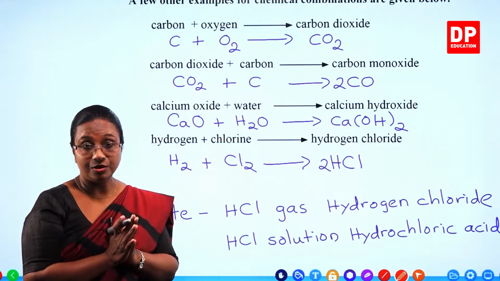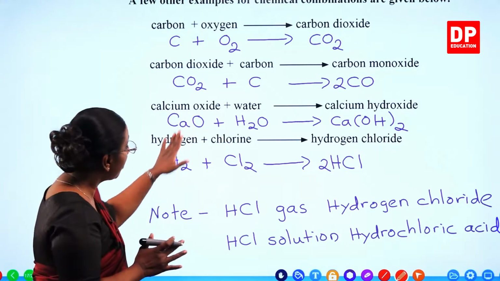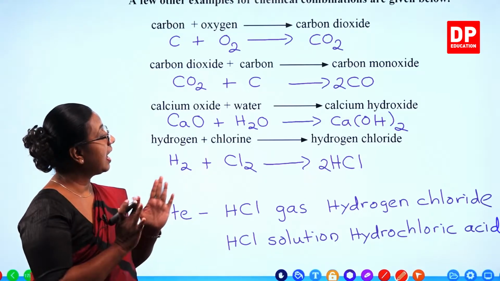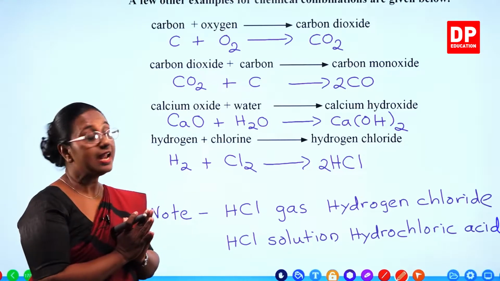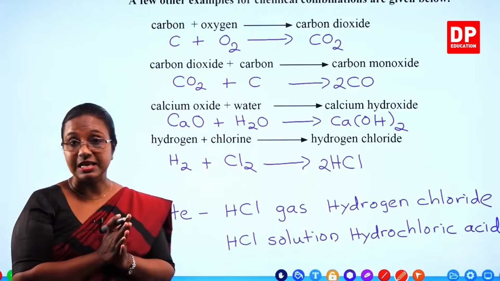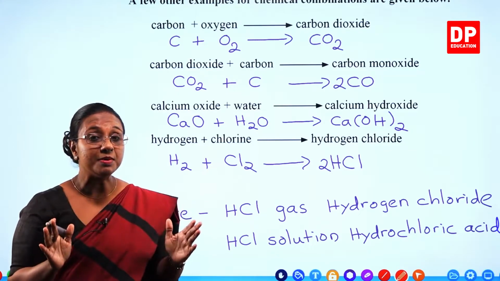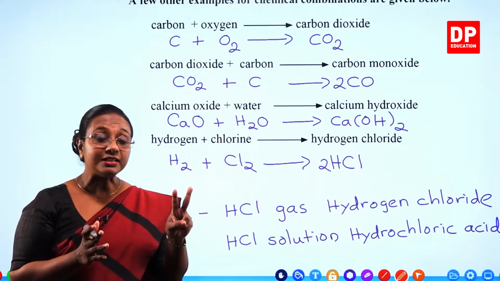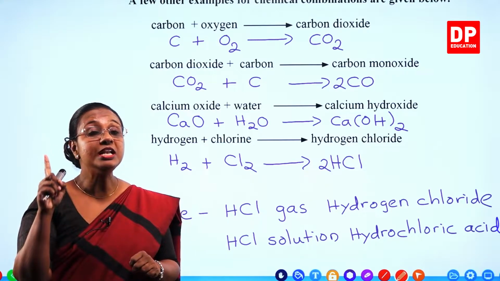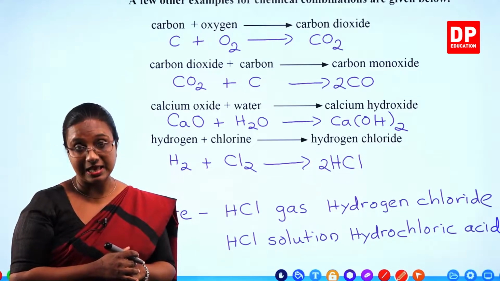Is that clear to you? So from all these examples, I am sure you all can understand what chemical combinations are. Remember, two or more reactants have to be there. Only one product has to be there.